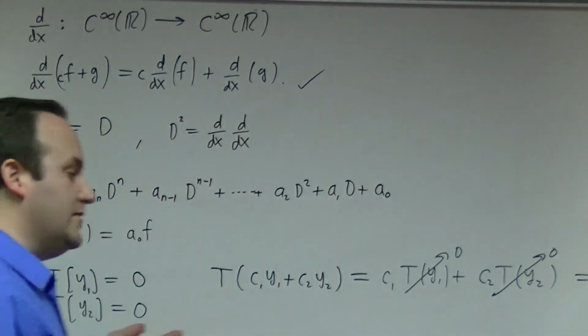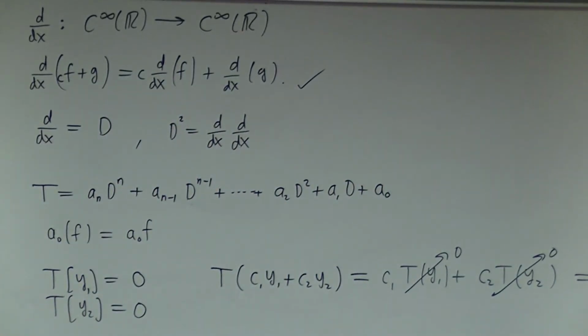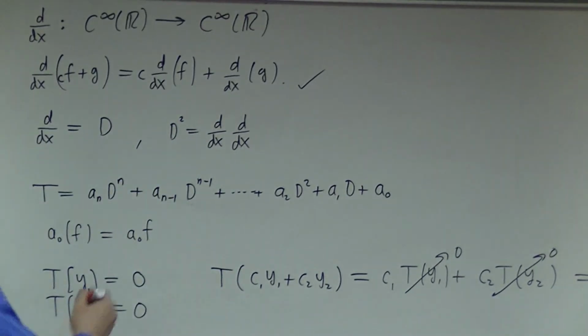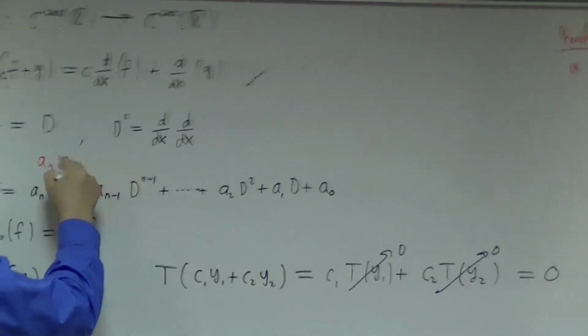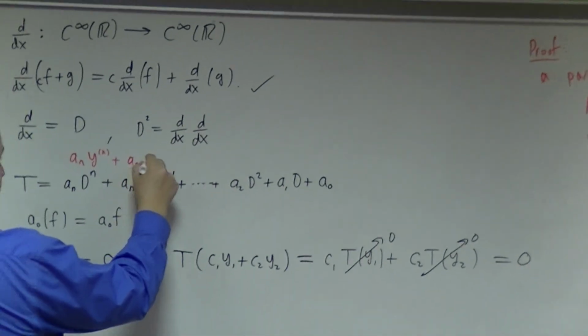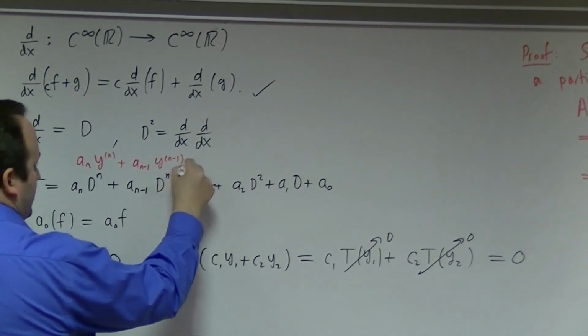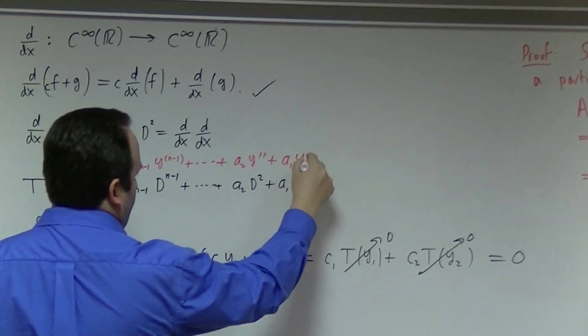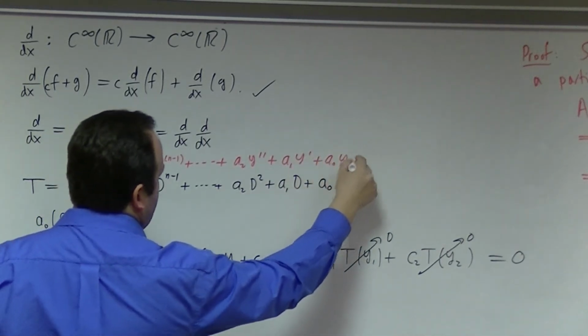So what I'm showing you is, before you see it written this way, usually in a differential equation class, you'll see it written something more like this: a_n y^(n) plus a_{n-1} y^(n-1) plus and so on, plus a2 y double prime plus a1 y prime plus a naught times y equals 0.